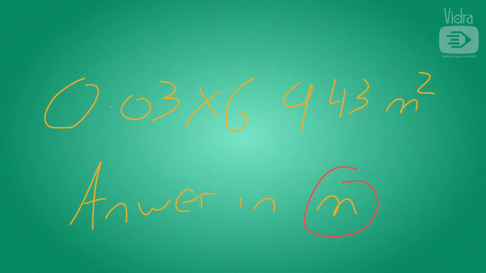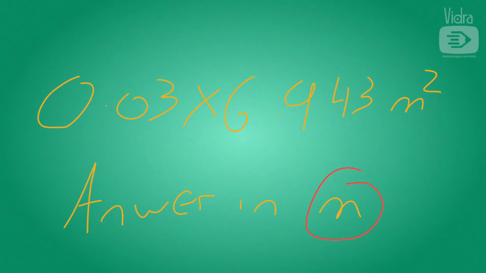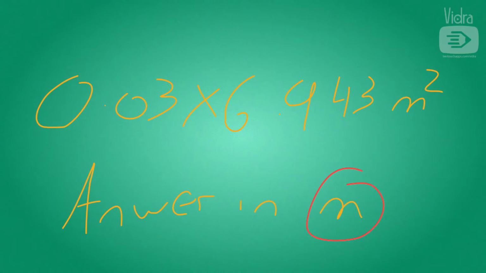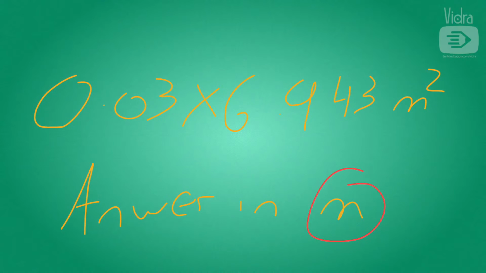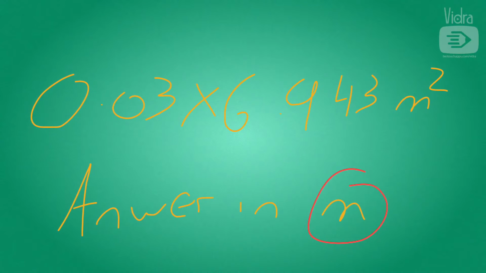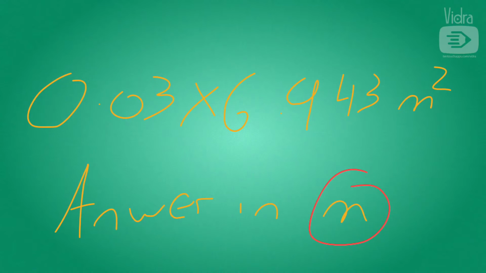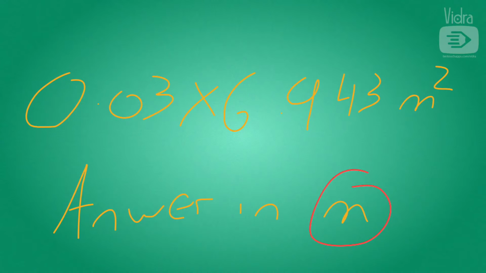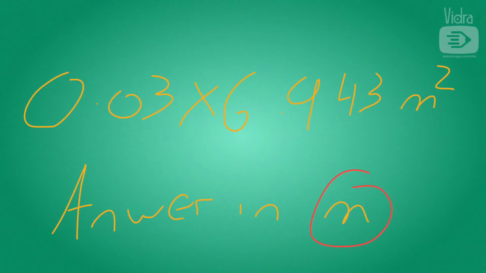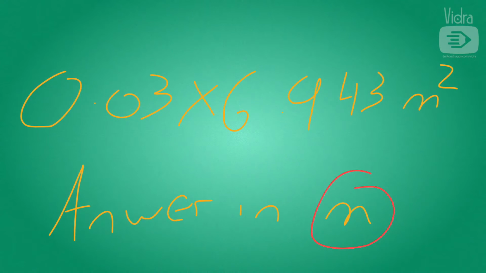Here we go backwards and remember the first value of our operation, which was 6.943 meters cubed. We don't use the last operation of percentage, but go one step backward to 0.03, which is our absolute uncertainty. We multiply both to get our answer in meters.